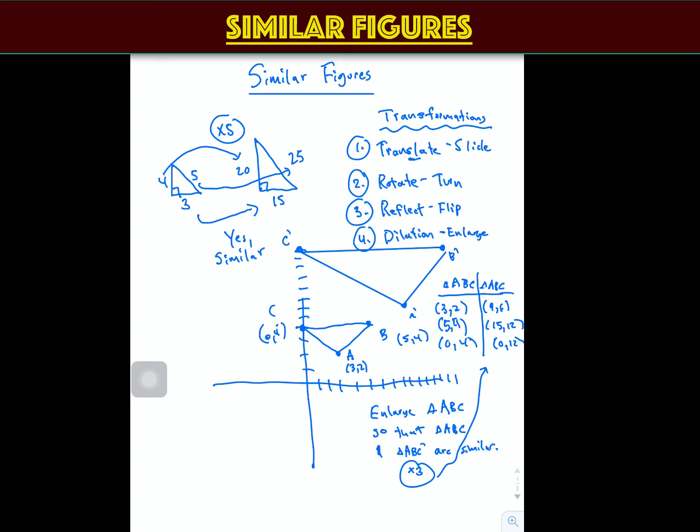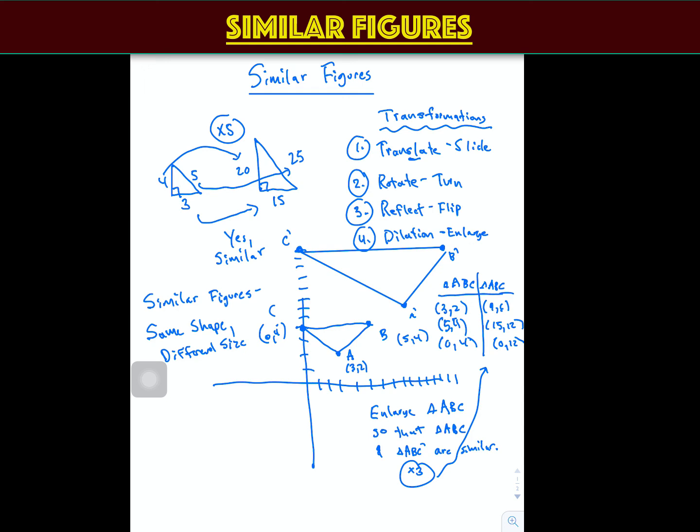And the key with similar figures is that similar figures have the same shape, exactly the same shape, but different size.